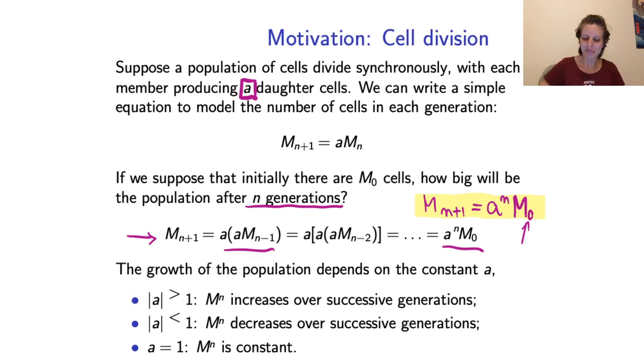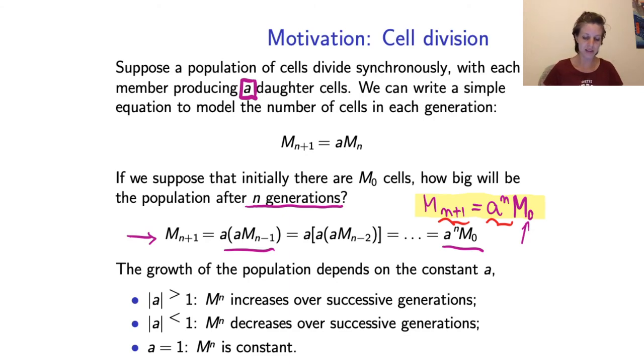Then we have a number bigger than 1 with this n exponent, so the population will grow.